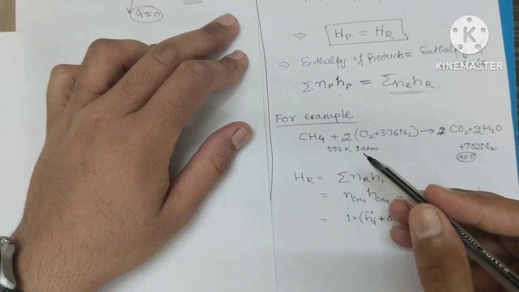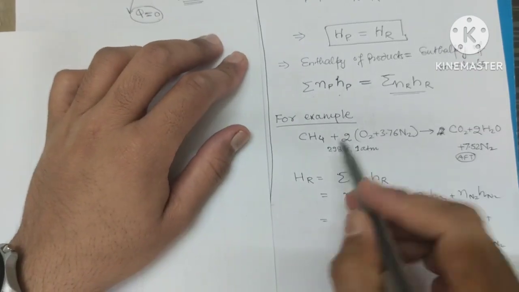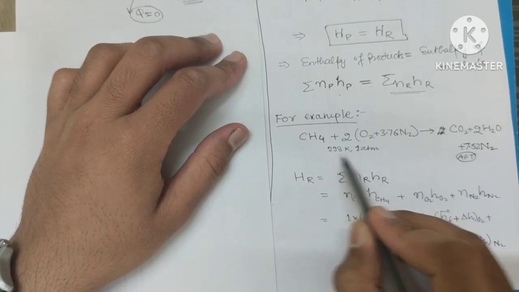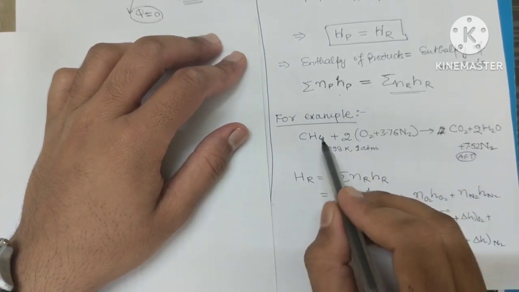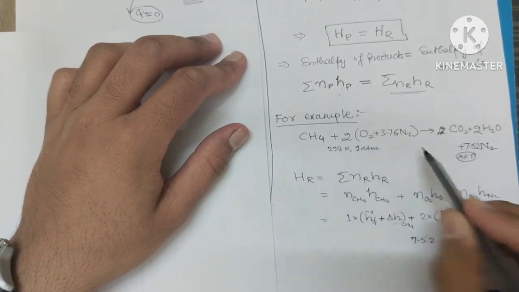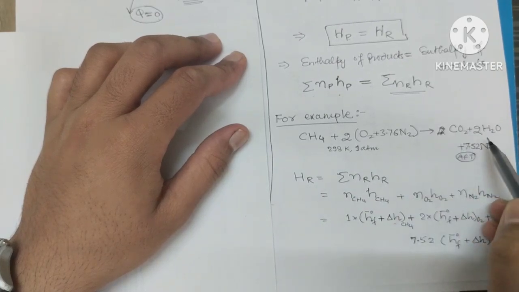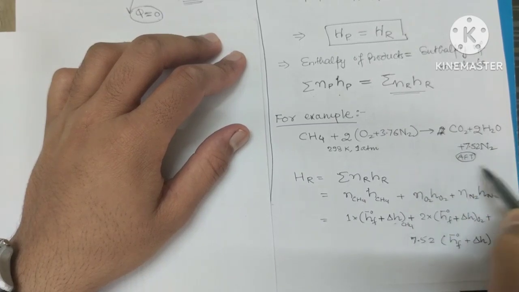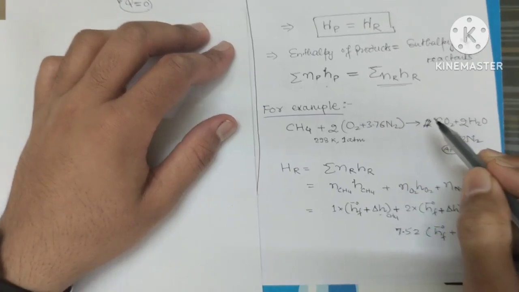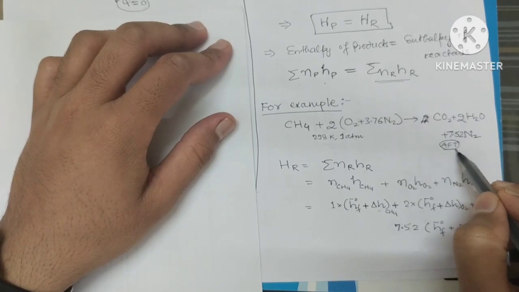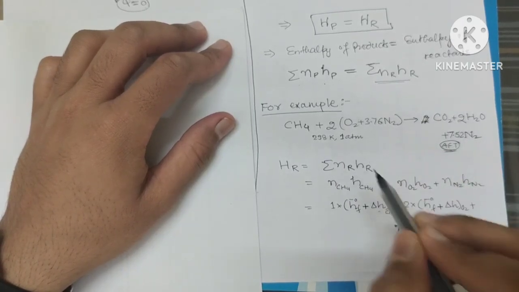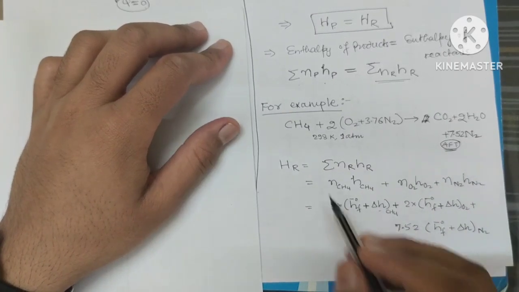For this case we are assuming stoichiometric combustion is happening. So it means the fuel is totally converted into CO2 and H2O, and the temperature of this product is called the adiabatic flame temperature. Okay, and we need to find that. So the temperature of the product is the adiabatic flame temperature in this case particularly.